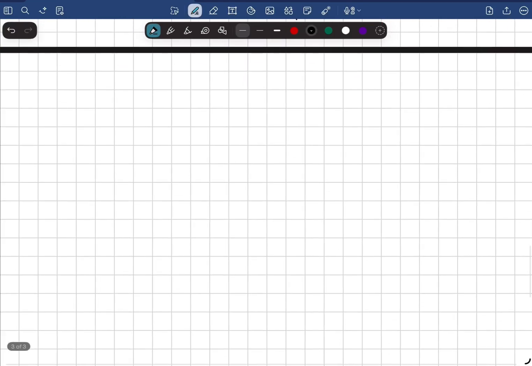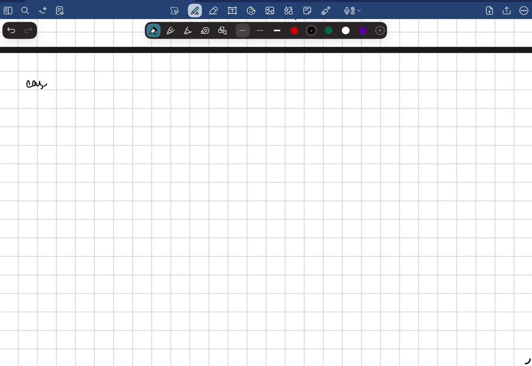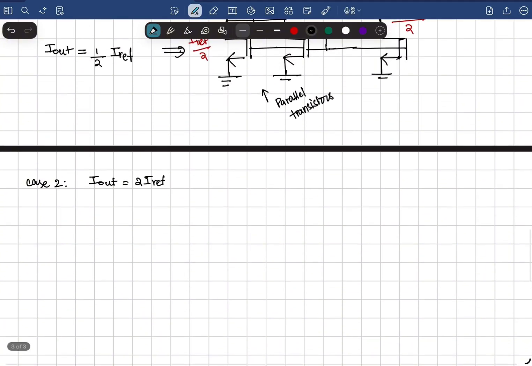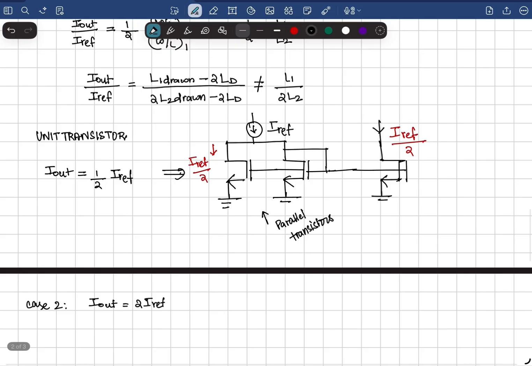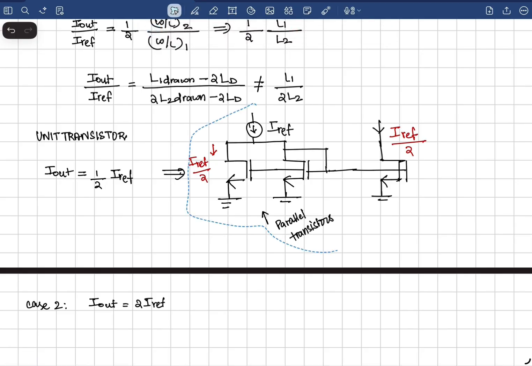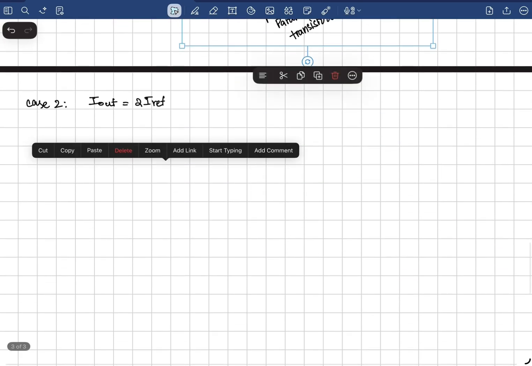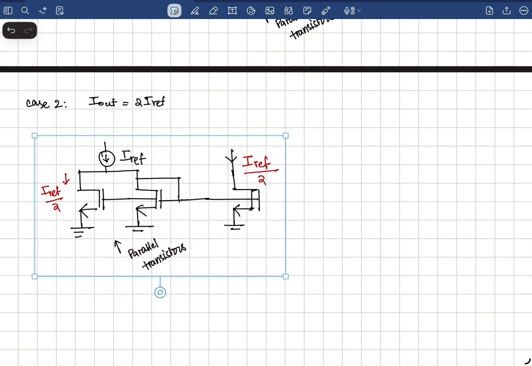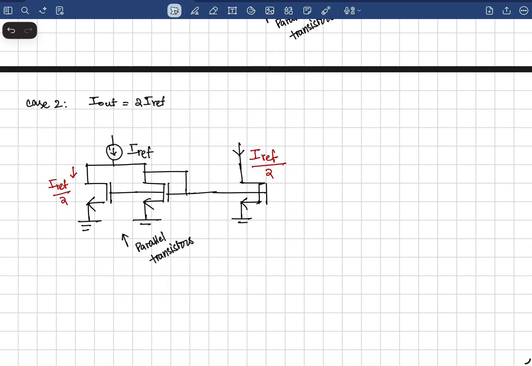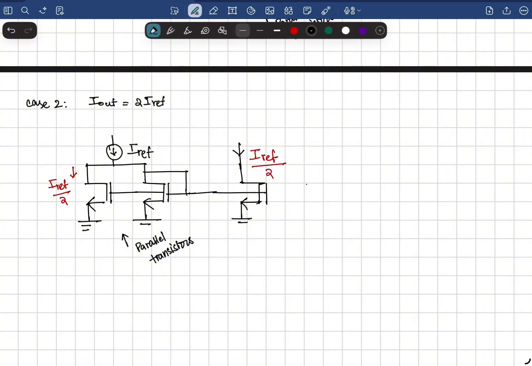So let's take another case where I want to generate an output current that is twice the reference current. Then I can generate it by, let me just copy this, connecting four transistors in parallel.